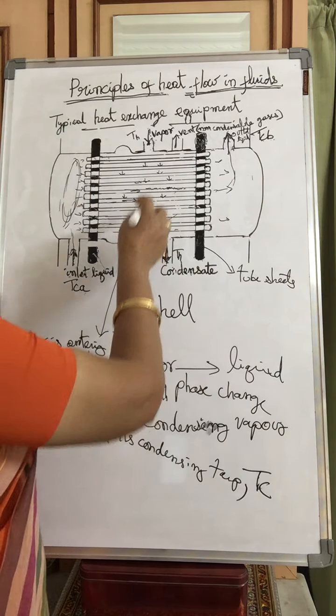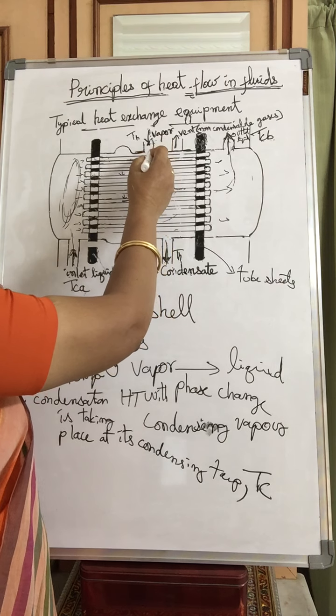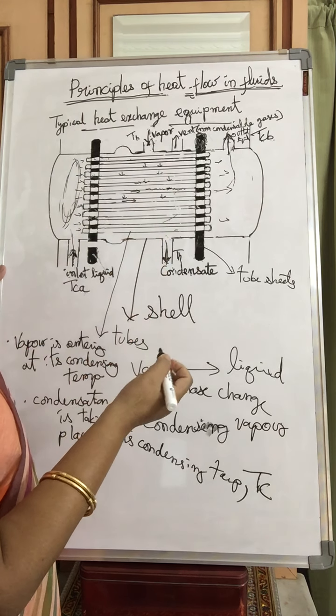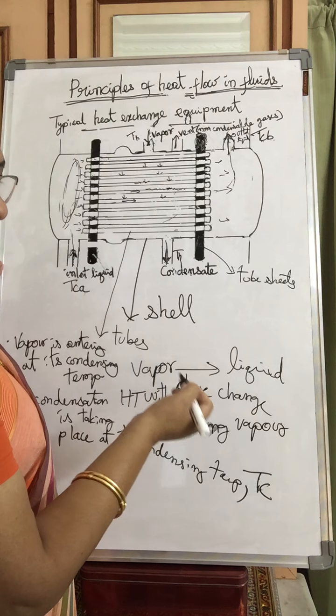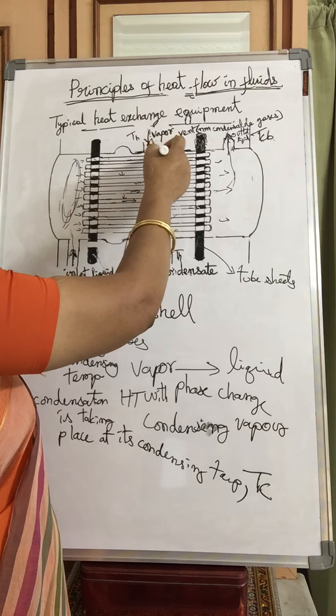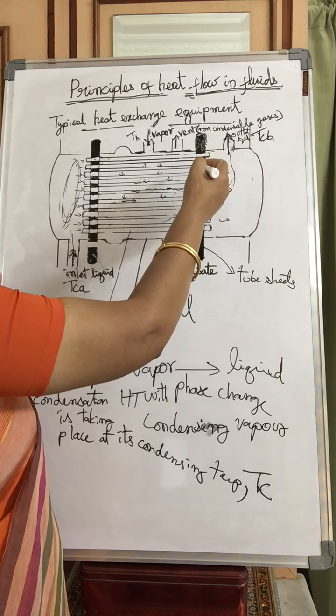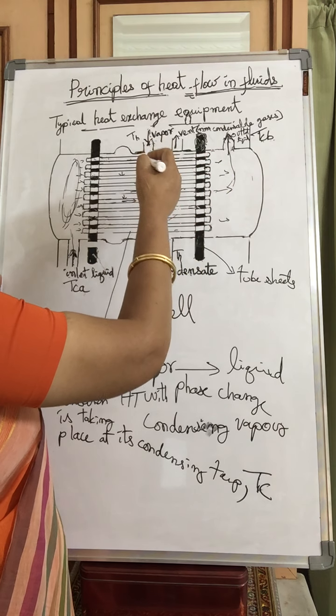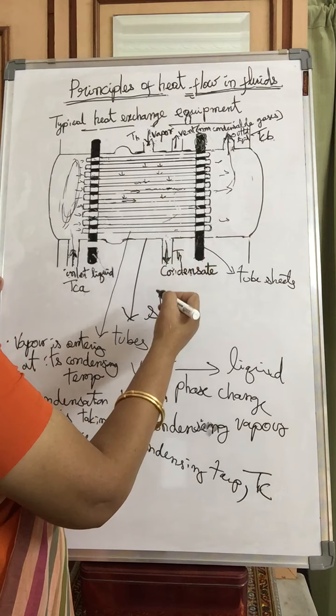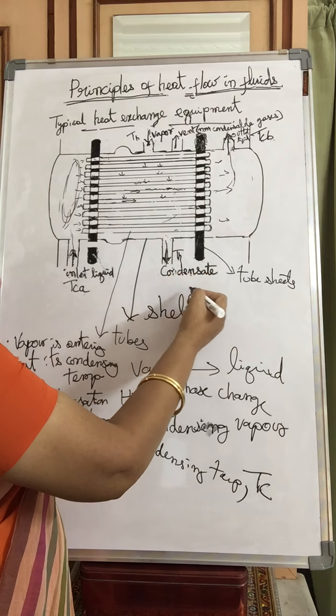Okay, so that means vapor is entering at its condensing temperature. For example, if you take steam, steam is entering at 100 and condensing at 100. There is no superheat in the steam, and we are also neglecting subcooling of the condensate.